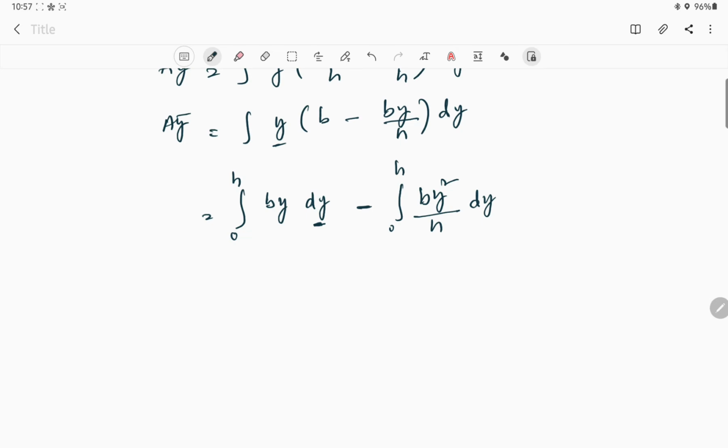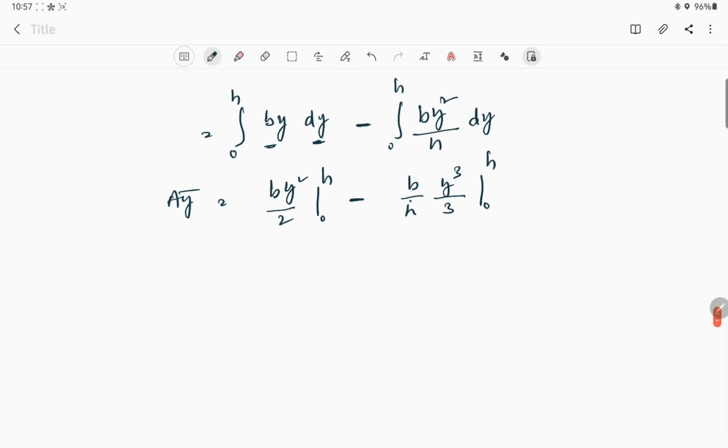Okay, so once you solve this one, A y bar is equal to b y square by 2, limit is 0 to h, minus b by h as it is, y cube by 3, limit is 0 to h.